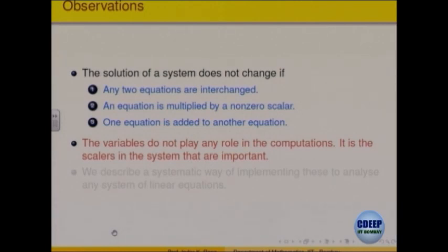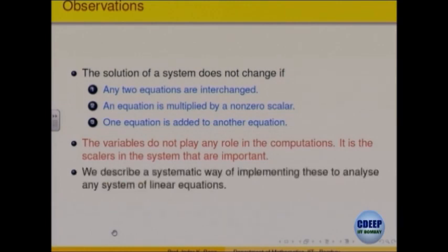It is only the constants in front of them or on the right side of the equality that change when you do something with them, scalar multiple, add, and so on. So, we can forget about these variables, only we should keep track that this is the coefficient of the first variable, this is the coefficient of the second variable, this is the coefficient of the third, and so on. So, variables do not play any role.